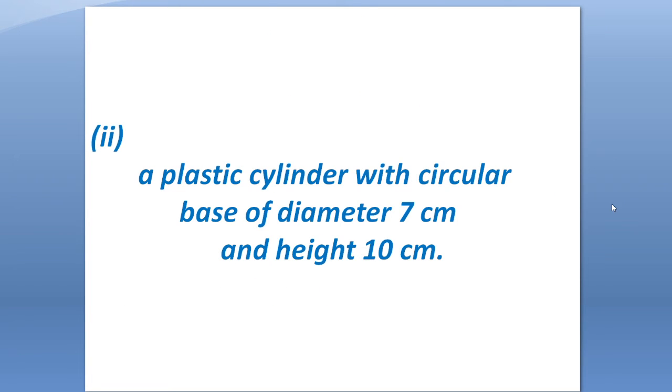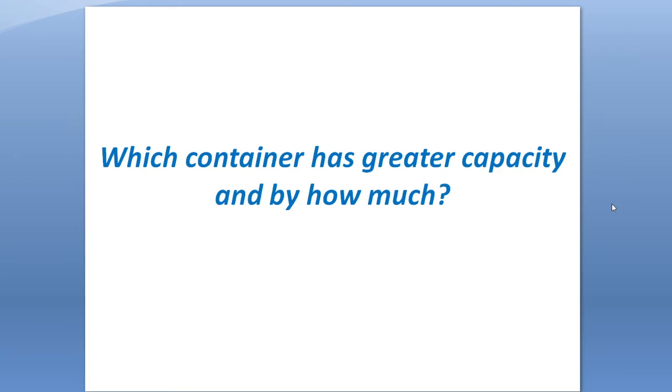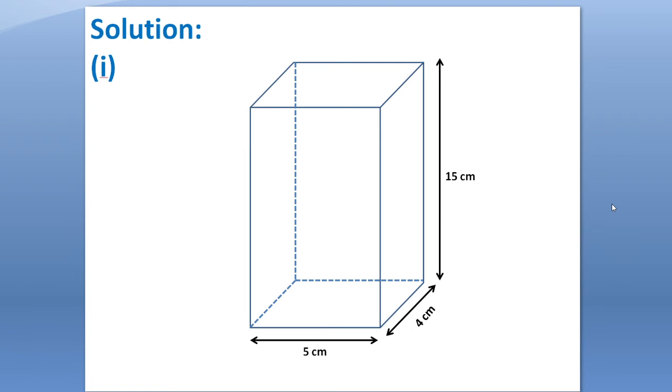And second, a plastic cylinder with circular base diameter 7 cm and height 10 cm. So which container has greater capacity and by how much? So first one is this 5 into 4 into 15.